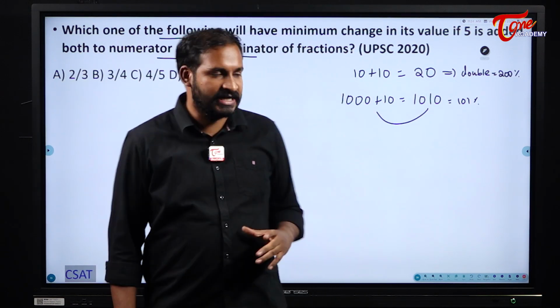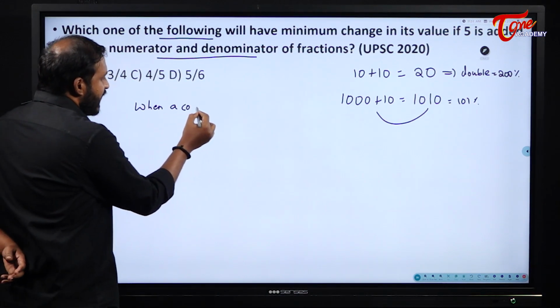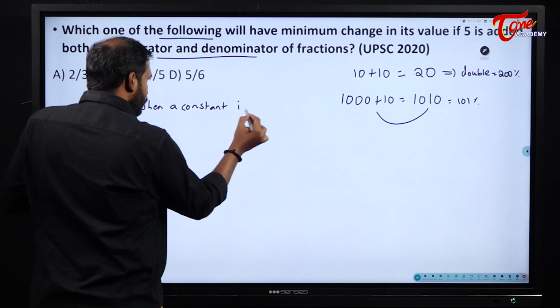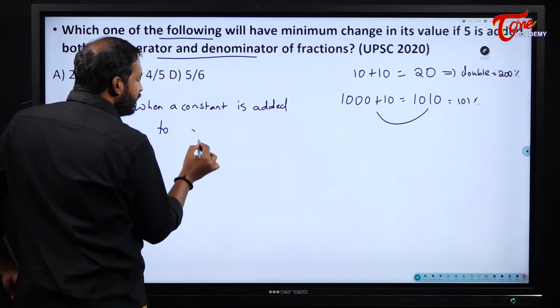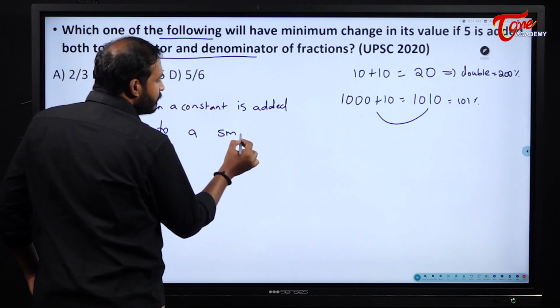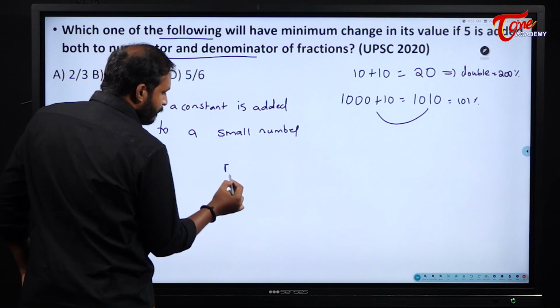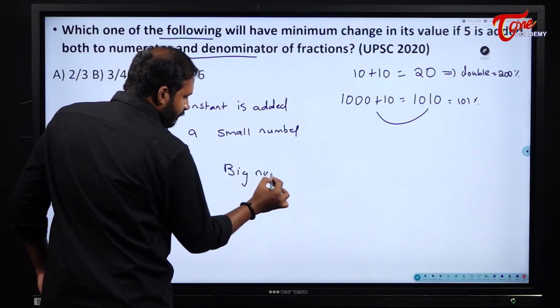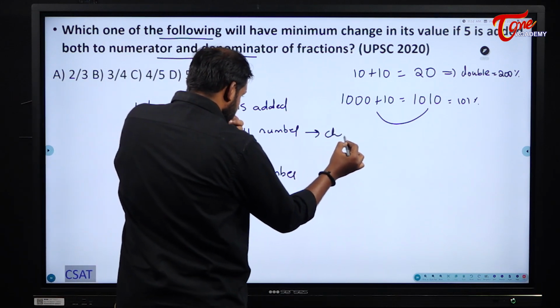This is the basic understanding, students. So when a constant is added to a small number and a big number, in the small number, the change will be maximum.